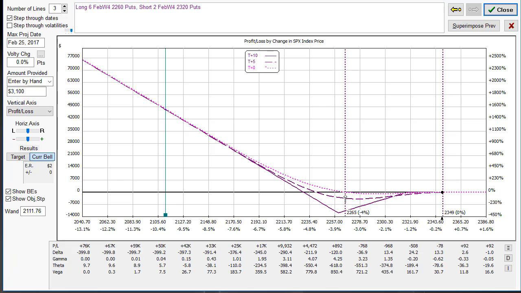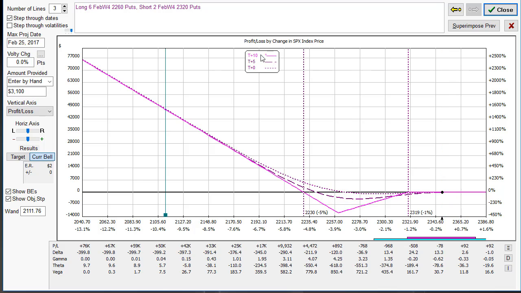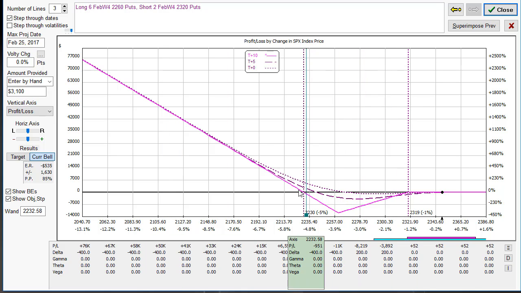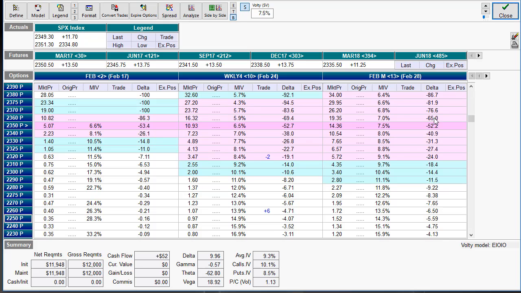You can experiment with all the different variations, but the idea is to keep this T+0 line as much above this 0 line as possible, so that we don't find ourselves in this little valley of death. If 10 days from now it dropped right in here, well, the hedge is going to be useless. And you do that by rolling these weeks around.